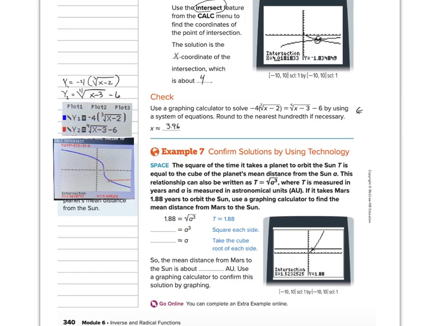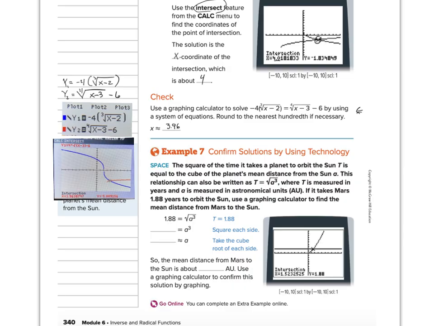This is what it looks like going into the calculator. Be careful when you extend this radical. You want to make sure you don't get the minus 6 underneath the radical. When I did the calculate intersection, it asked me for one curve, a second curve, and a guess. The x value here is going to be my solution. It says round to the nearest hundredth, and the 3 did not round up, so it went to 3.96. That's what it's going to look like in your calculator.